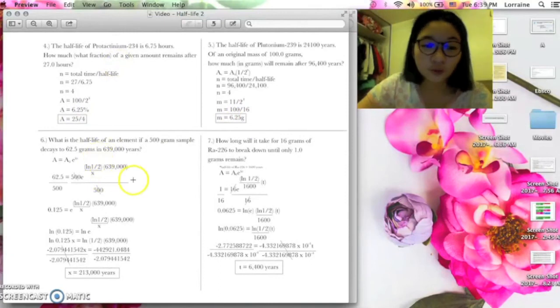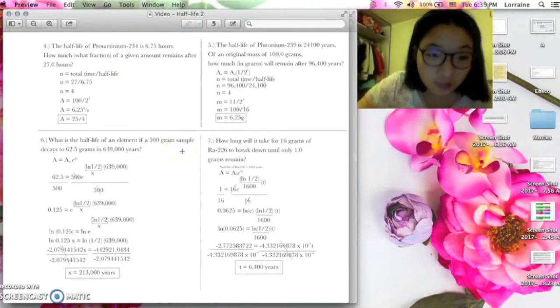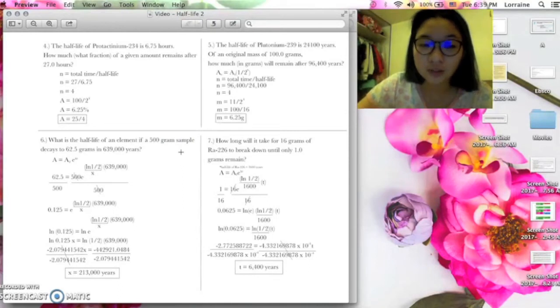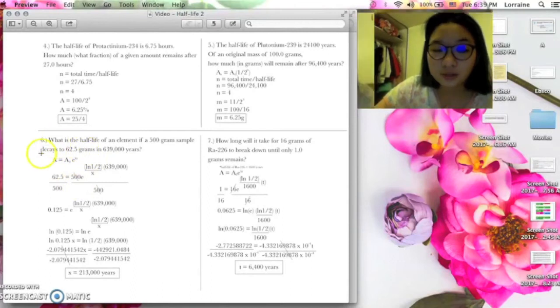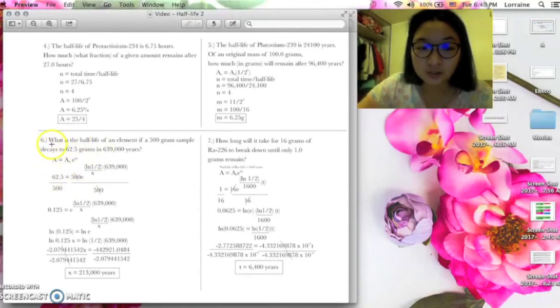Anyway, for the next number, 6. What is the half-life of an element if a 500 gram sample decays to 62.5 grams in 639,000 years? So, A equals A sub 0 e exponent kt. So, 62.5 equals 500 e exponent ln 1/2 over x times 639,000.